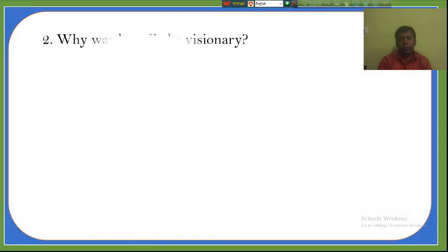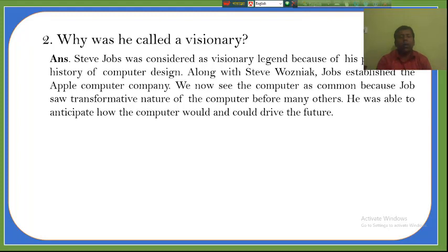Then, why was he called a visionary? Dear students, Steve Jobs was considered a visionary legend because of his place in the history of computer design. Along with Steve Wozniak, Jobs established the Apple Computer Company.